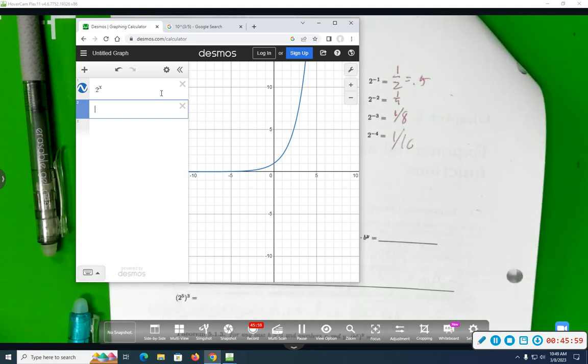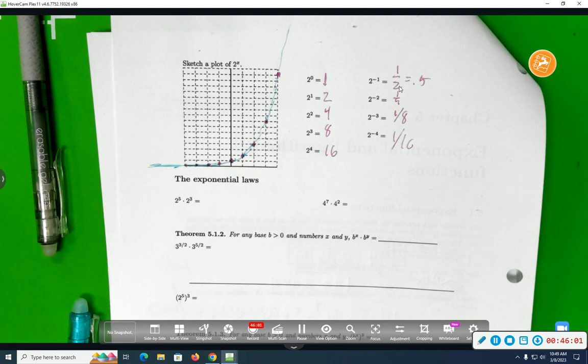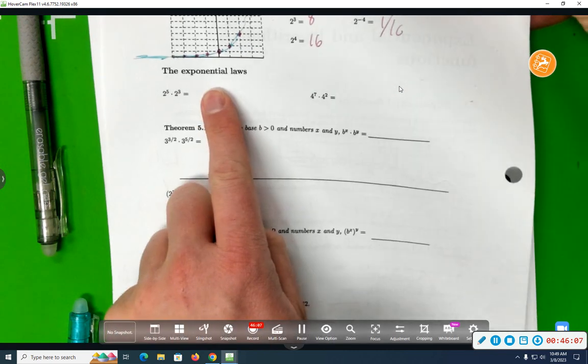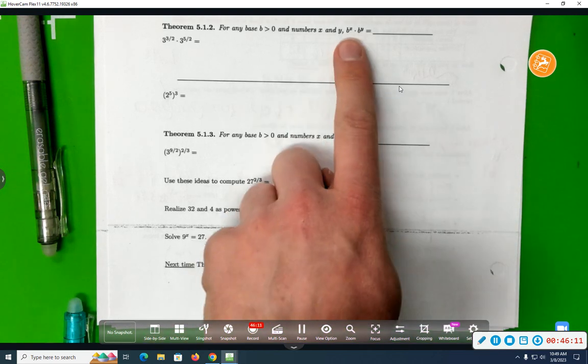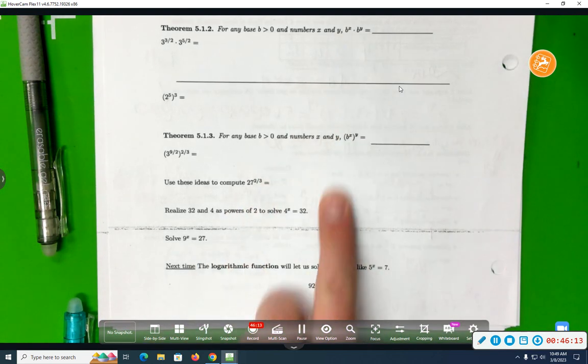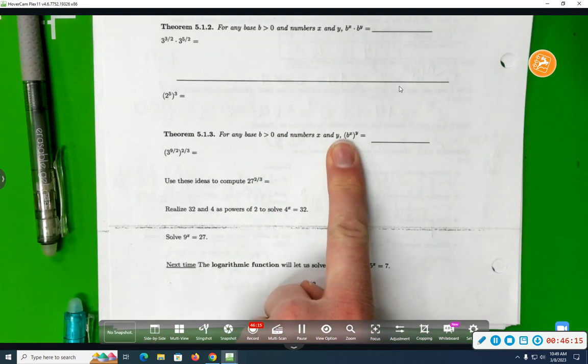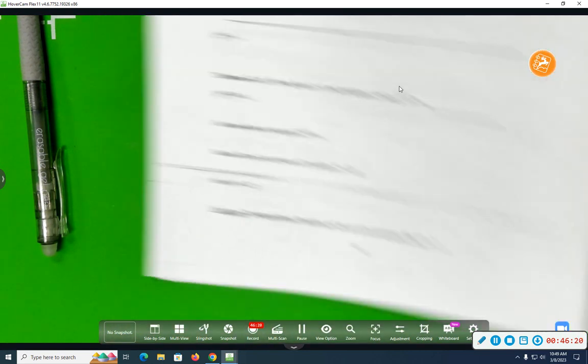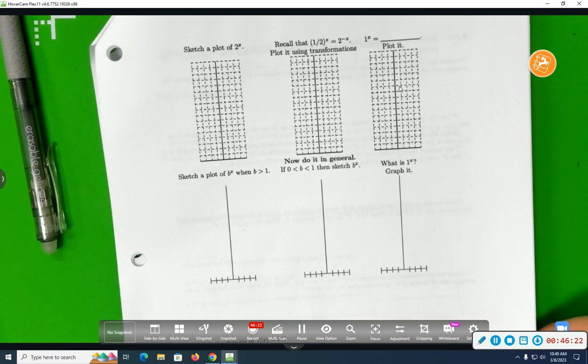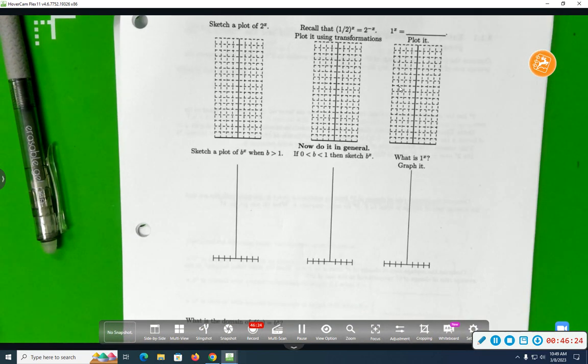So let's give a quick tour of what's in this packet that we'll do on Monday, because there's going to be a review for the midterm, then our midterm day. We'll get the so-called exponential laws, which will let us compute things like multiplication of exponentials, exponentials of exponentials. We'll solve some equations, and then close by thinking about graphs of exponentials in general.